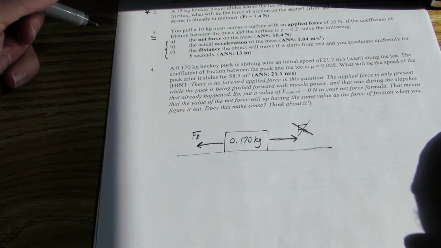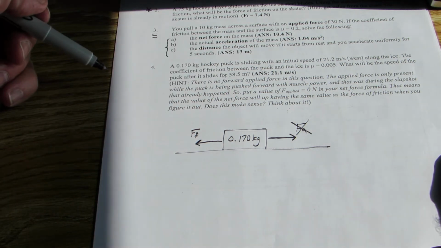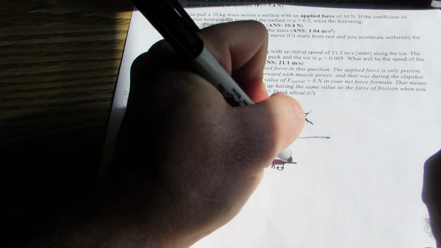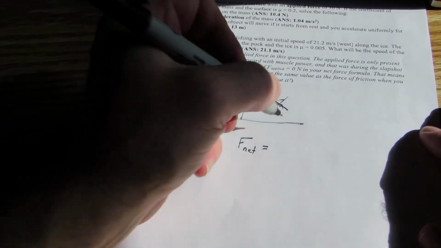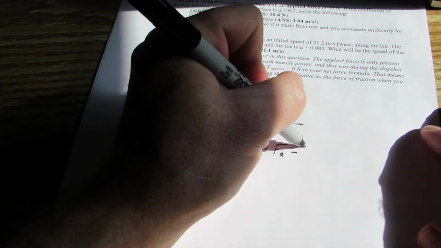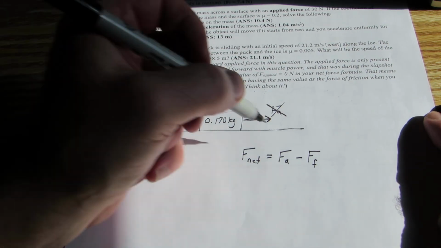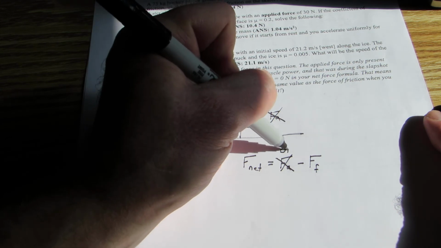Net force is always considering the forces in the left and right direction. Usually, and again, there's no formula for net force, but usually when we build one, we take whatever the applied force forward is and you subtract off friction. Well, that's okay if there's no forward applied force, or if the forward applied force is 0.